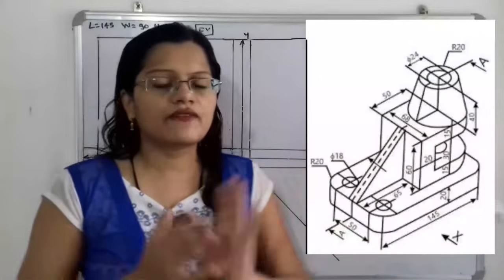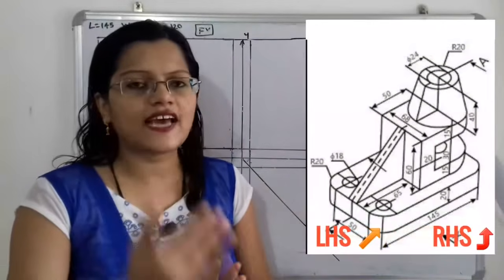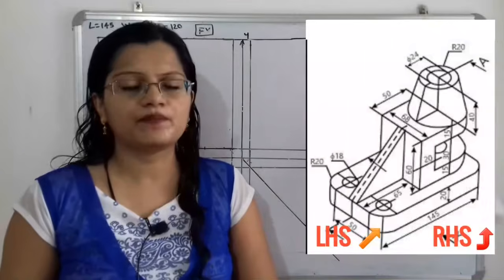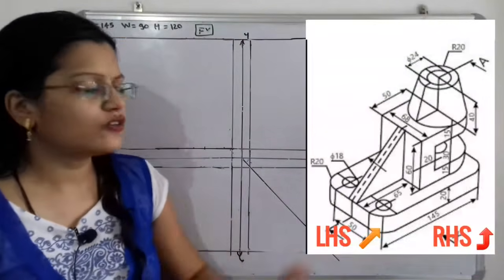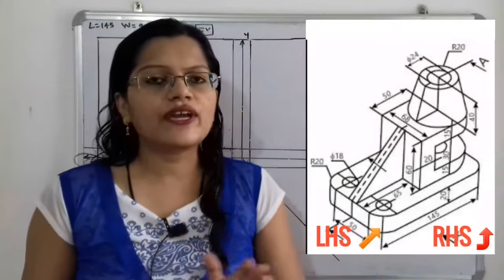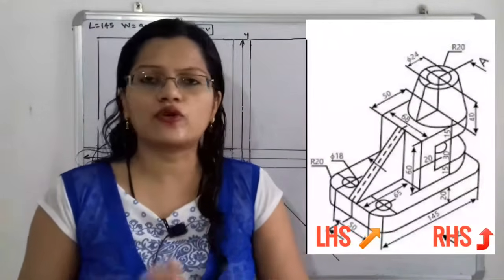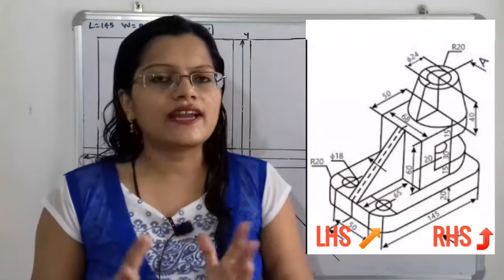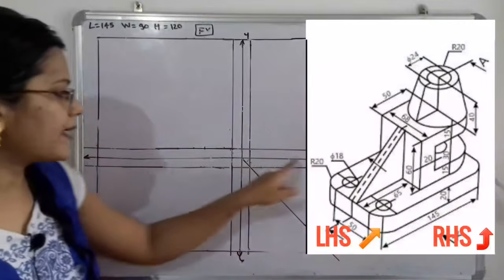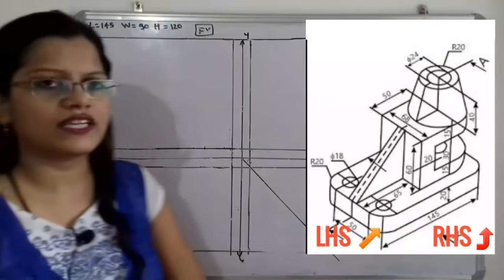Now this given object has two sides, the right hand side and the left hand side. If we observe, the front view is given on the right hand side of the object. So we have to plot this front view on the left hand side in the orthographic projection. Let us first draw the x axis and y axis, that is a horizontal line and a vertical line.